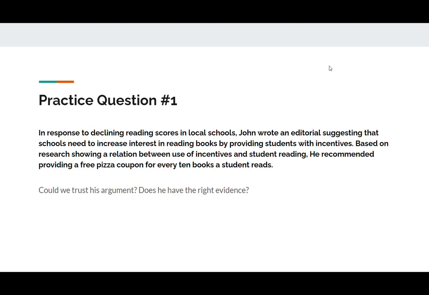The question is from one year's FRQ, I believe the 2013 AP Psychology exam, number 1. In response to declining reading scores in local schools, John wrote an editorial suggesting that schools need to increase interest in reading books by providing students with incentives.